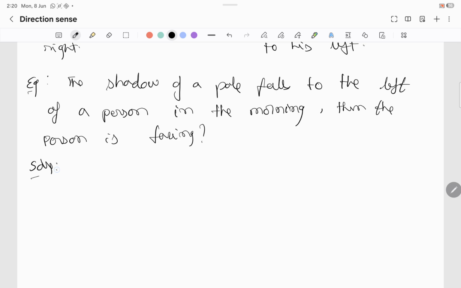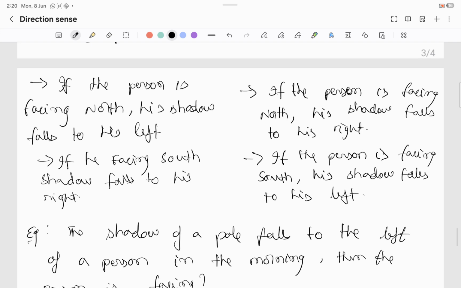So solution. The shadow of a pole falls to the left of a person in the morning. In the morning, when the shadow falls to the left, if the person is facing north or south, go to these 4 lines. If the person is facing north in sunrise time, morning, shadow falls to the left.